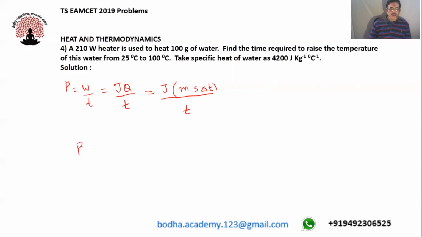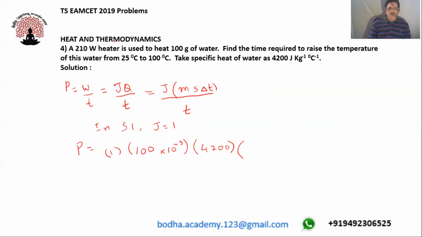So power is equal to, in the SI system, J value is 1. Therefore, 1 into mass, which is given as 100 grams, so in the SI system 100 × 10⁻³ kg, into specific heat of water, given as 4200 J/kg/°C, into change in temperature.